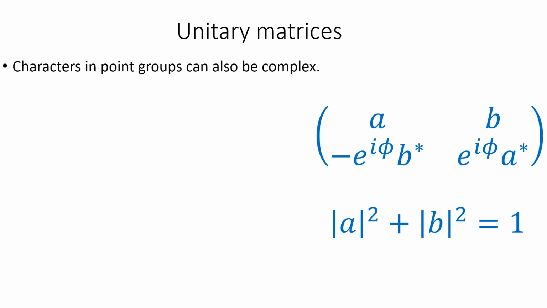What we do with the square modulus is multiply the complex quantity by its complex conjugate, which again is changing the sign of the imaginary part. And when you multiply those two together, that will necessarily give you a real outcome. Because of course the sum of the squared moduli needs to be real, because it's just got to be equal to 1 in this case for our unitary matrices.